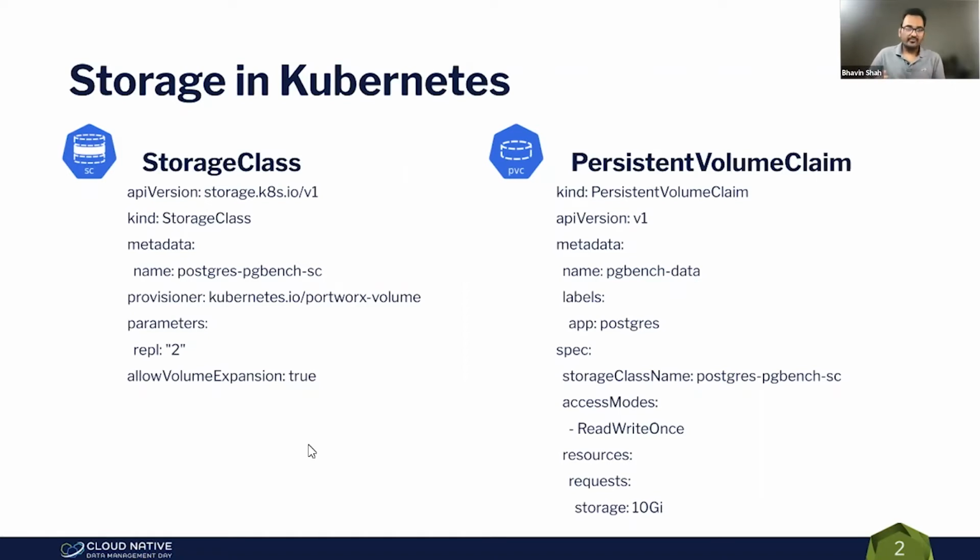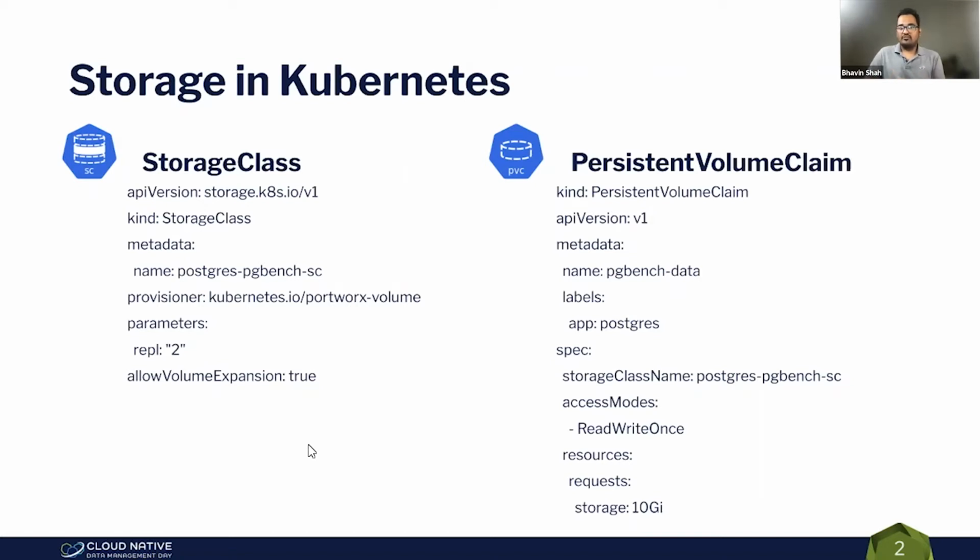Now, if a developer wants to ask for storage for his or her application or containers, they can just use the persistent volume claim, or PVC, construct and point to the storage class that is pre-configured by the administrator or by the operator. So on the right, you'll see an example of a simple PVC YAML file.